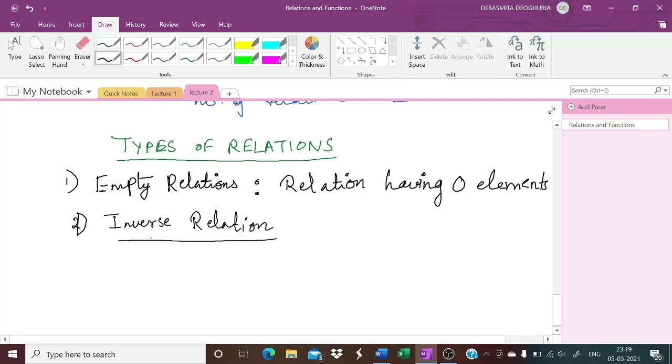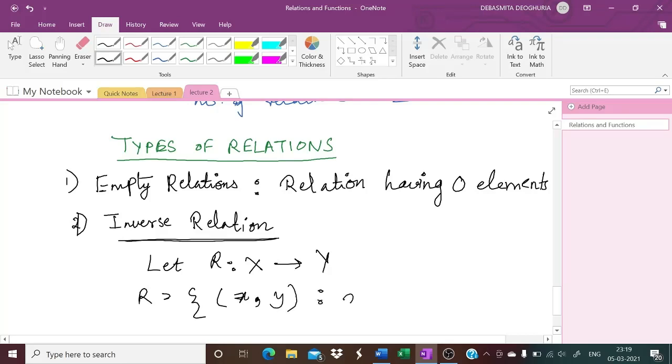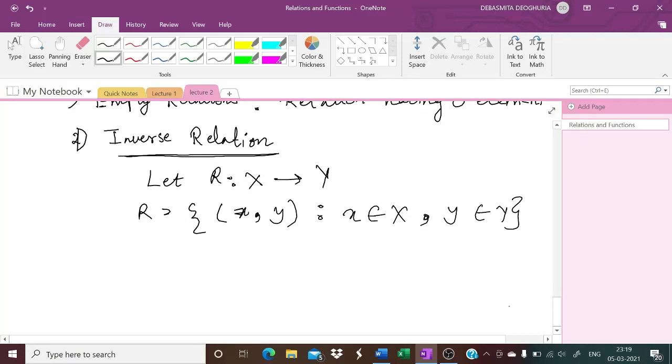So we will understand an inverse relation by one example. Suppose R is a relation from set X to set Y, and suppose R is equal to (x, y) such that x belongs to X and y belongs to Y. Then how will you define R inverse?